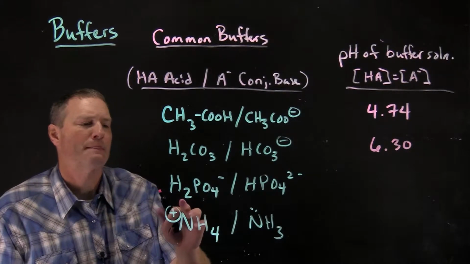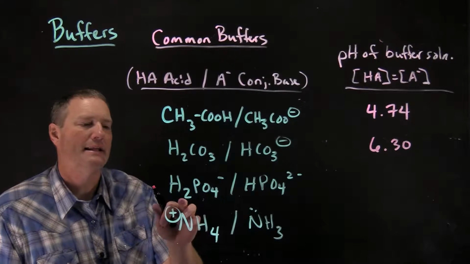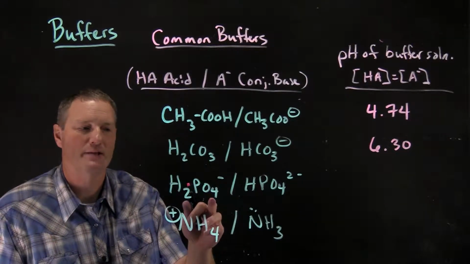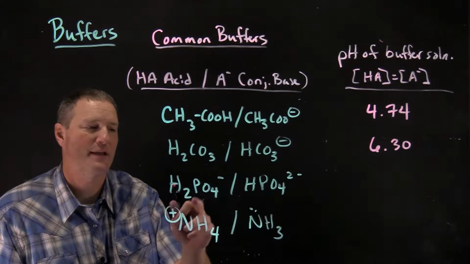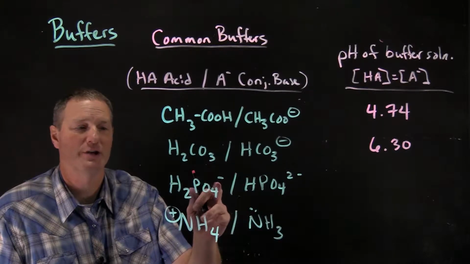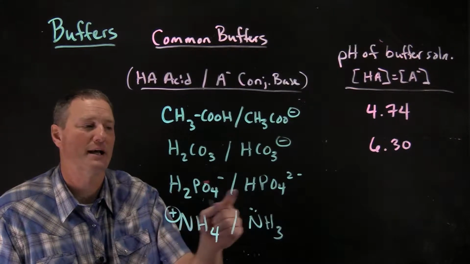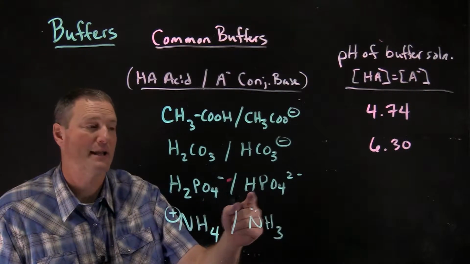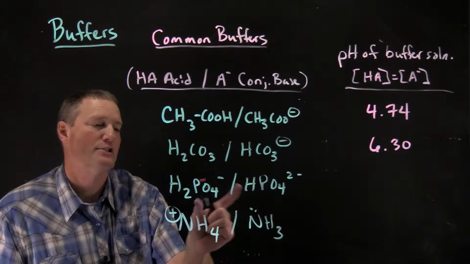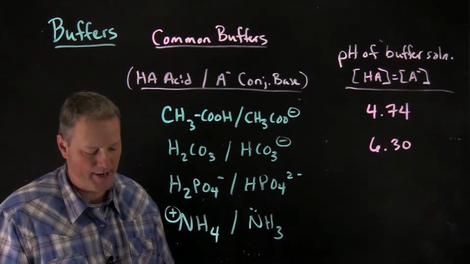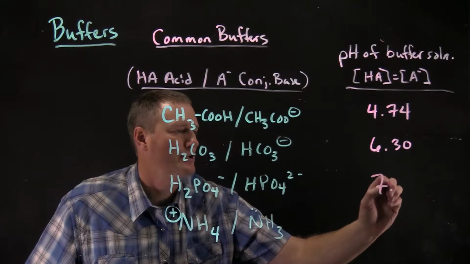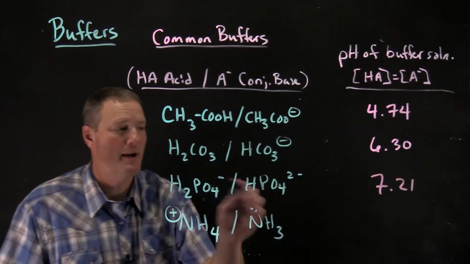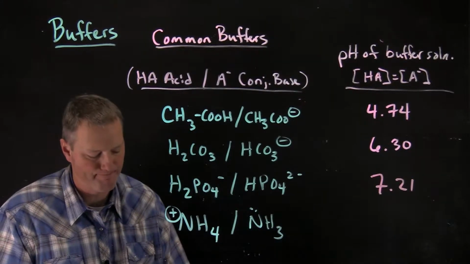Next example, I have the phosphate anion. This is actually dihydrogen phosphate. It has a single minus charge. If I pull off one of those protons, I get the monohydrogen phosphate dianion. These two again are a conjugate acid and base pair. The pH of that solution, if they were mixed in equal amounts, would be 7.21.